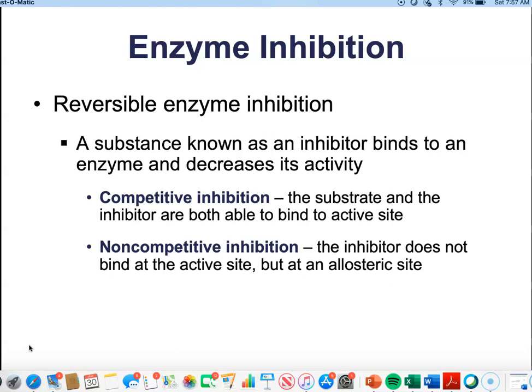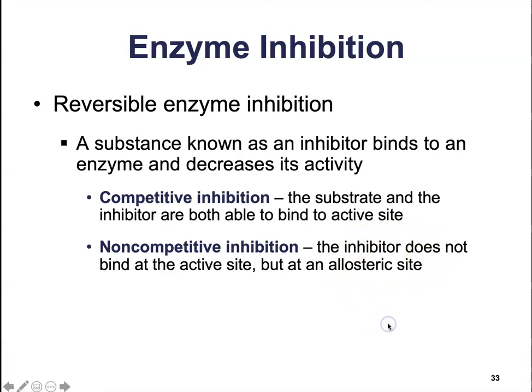It's just for a certain time, and then it can be reversed, okay? So competitive versus non-competitive. For competitive, the substrate and the inhibitor both bind to the active site. In non-competitive inhibition, the inhibitor will bind to another site, not the active site, and we call that an allosteric site, okay?